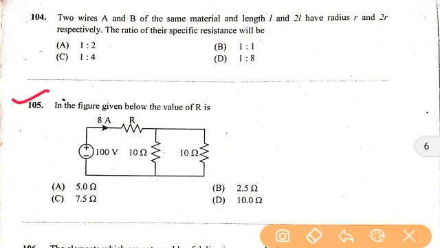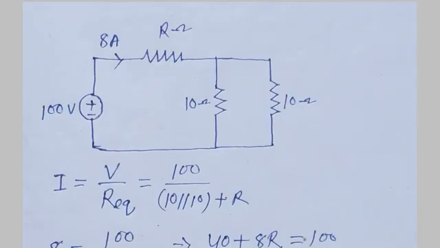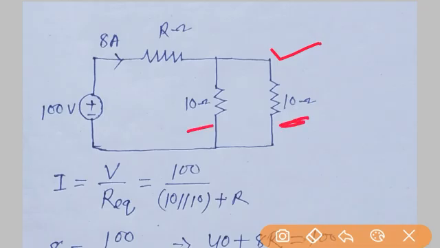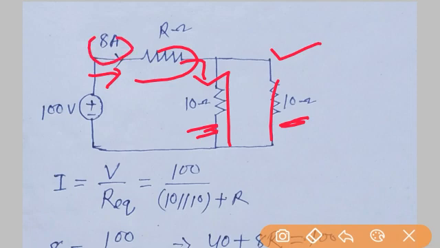In the next question, in the figure given below, we have to find the value of R. As per the question, we have the circuit diagram like this: 10 ohm and 10 ohm are connected in parallel, and R ohm is connected in series with this parallel combination. The circuit current is 8 ampere and the circuit voltage is 100 volt.